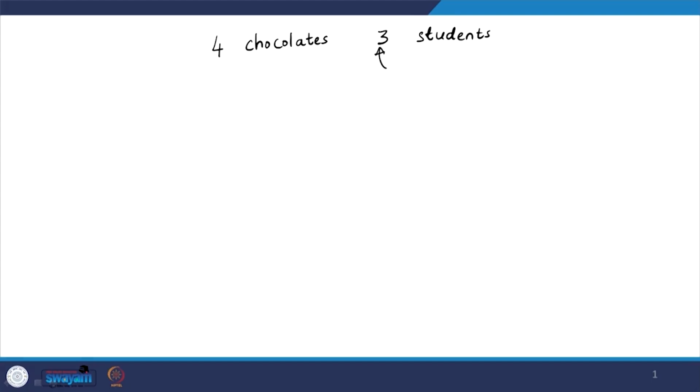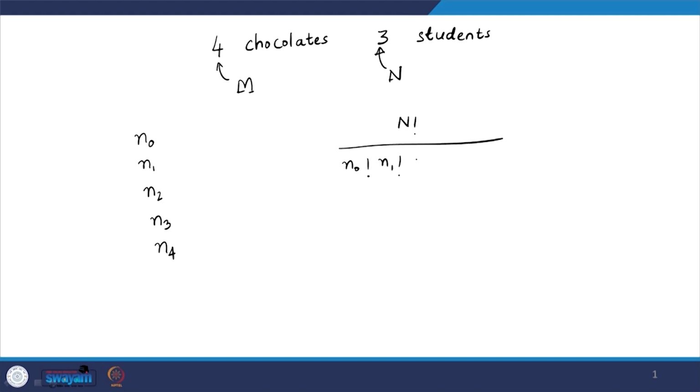So, n is this, that is the number of students, m is this, and the possibilities in here are either you can have 0 chocolates, or you can have 1, or you can have 2, or you can have 3, or you can have 4. And the number of ways to do that is given by n factorial by n naught factorial, n1 factorial, n2 factorial, n3 factorial, and 4 factorial.